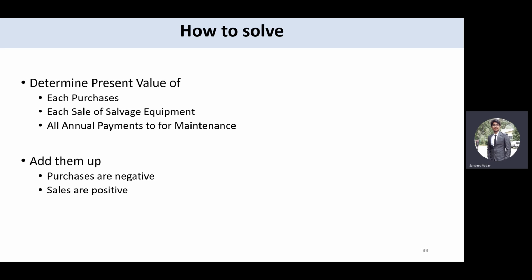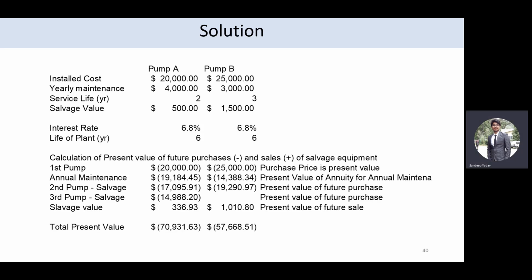While adding, whatever purchases we have made are treated as negative values, and whatever sales we get are treated as positive. These things are already given. Now the calculation of present value: future purchases are negative, and sales of salvage of the equipment are positive.